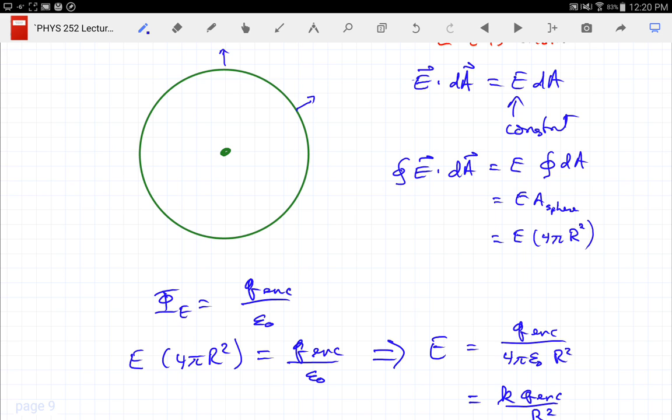You have to actually calculate the flux and determine the charge inside. Usually you're using it to find either the charge enclosed or the electric field, and you do the two sides separately and then find the variable you don't know.